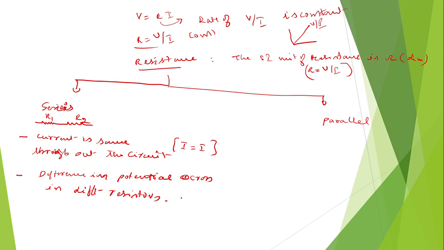So V is equal to V1 plus V2. This is the condition for series connections. Now what about parallel connection? In parallel connection, current is different.